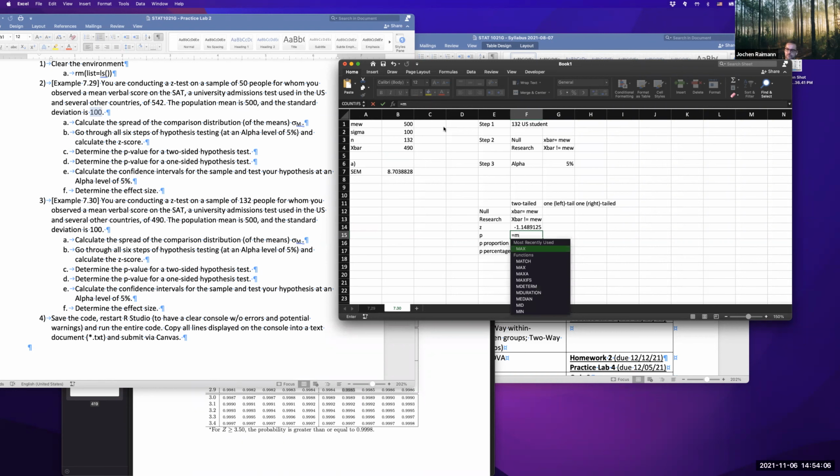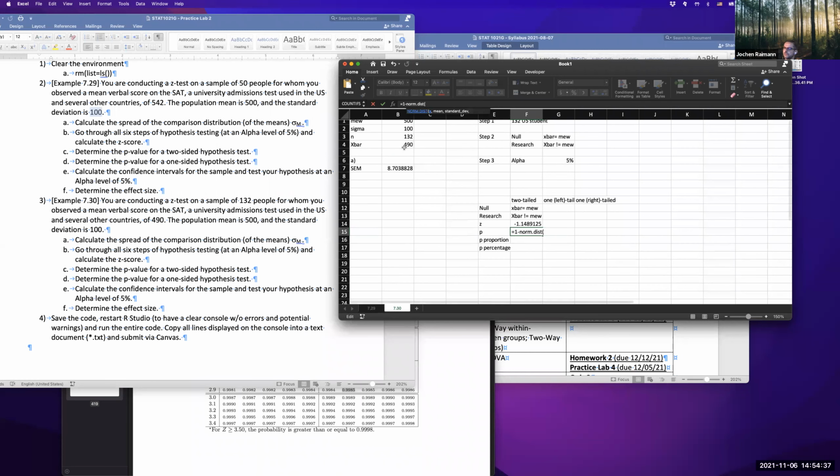Our P is now norm.dist, notably 1 minus norm.dist, because we want the tail, right? 1 minus norm.dist.